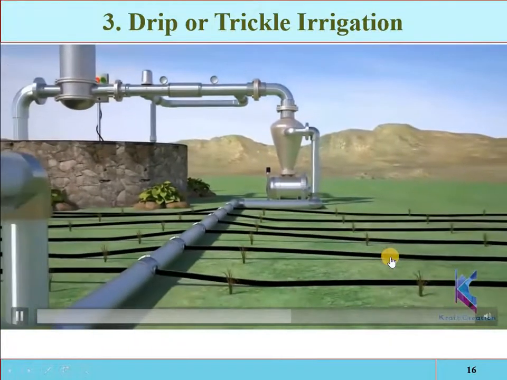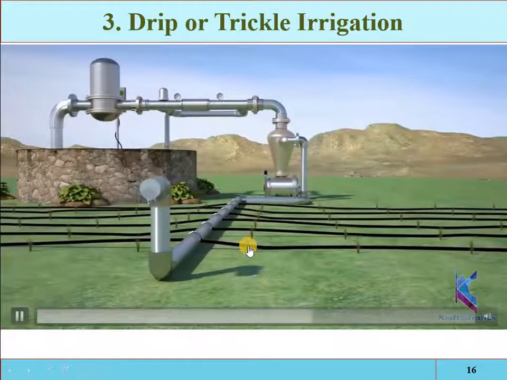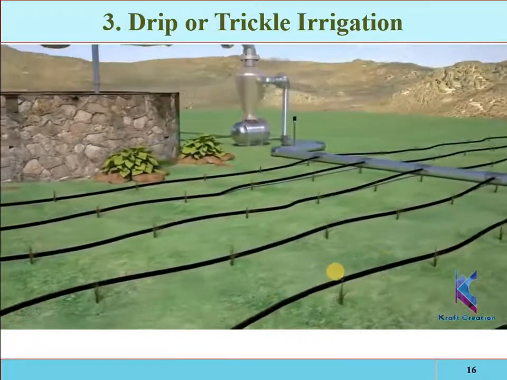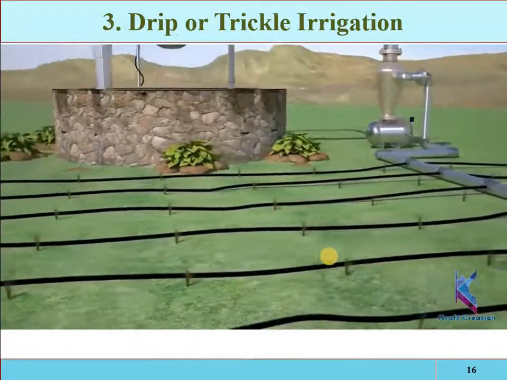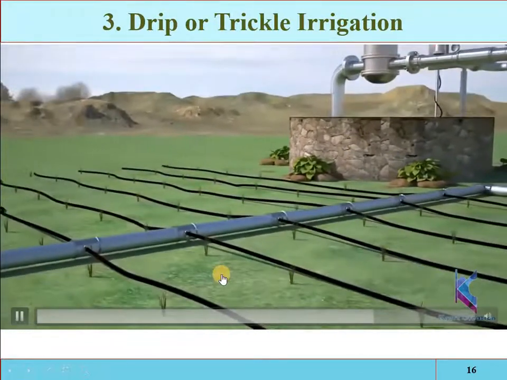With each and every crop or plant, there will be a hole, an emitter which will discharge the water according to the requirement of the crop and the intake rate of the soil. Mostly, this is the whole drip irrigation system.